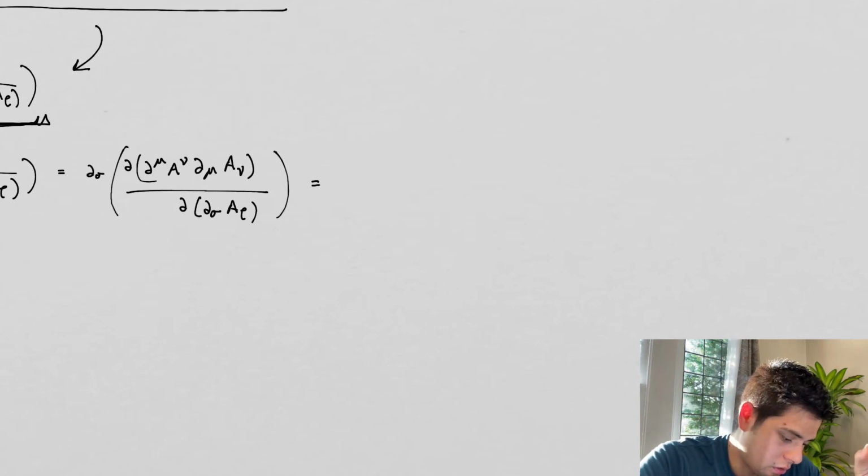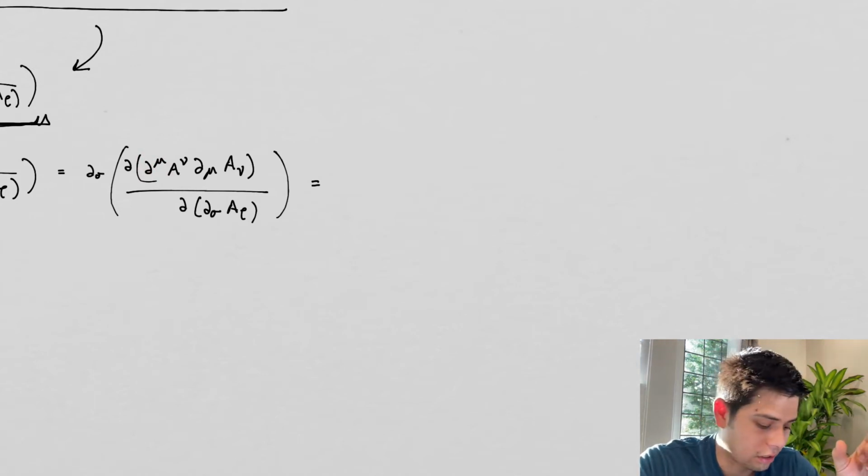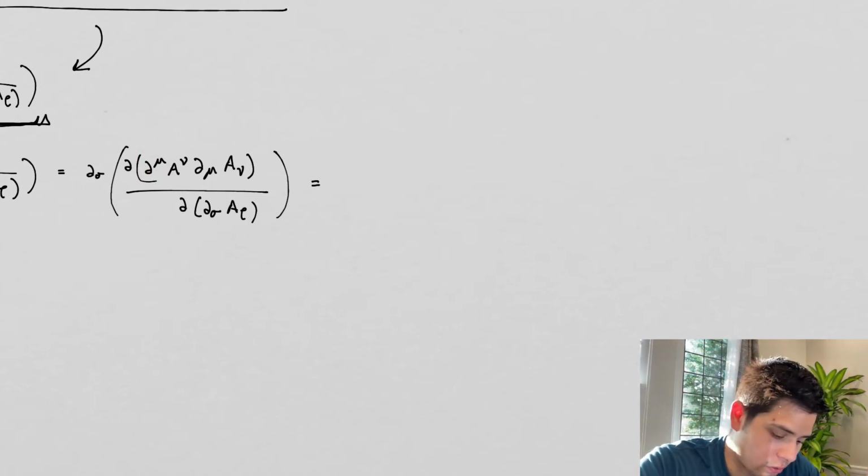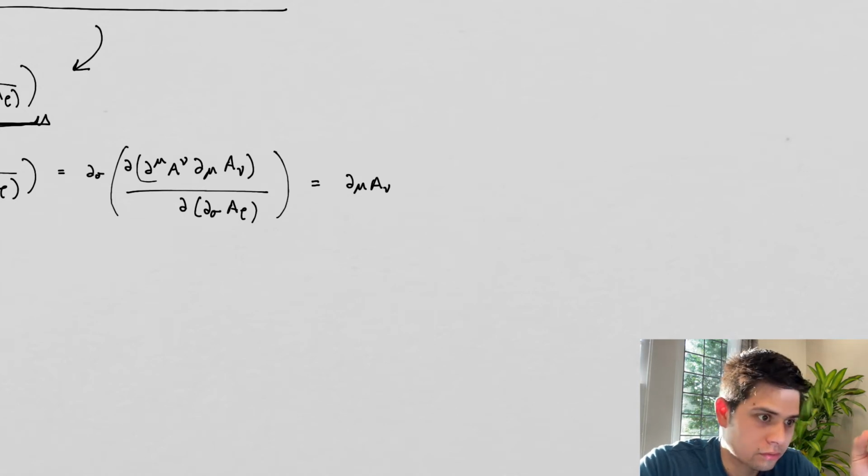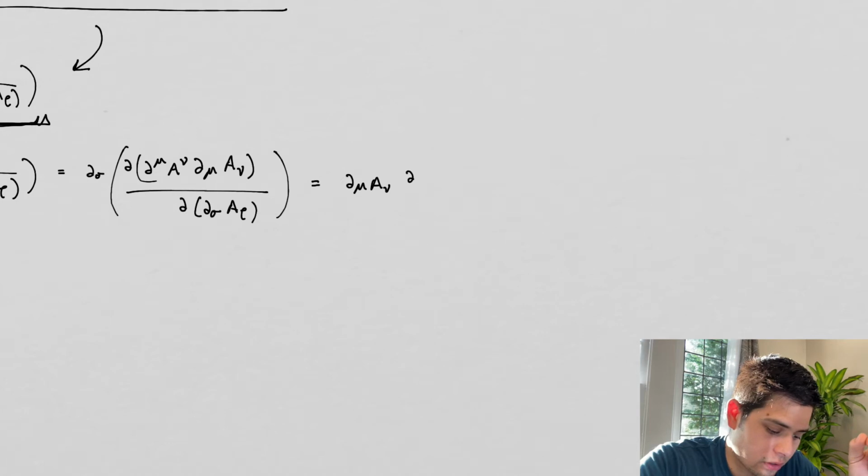This right here, we're just really going to do product rule. So d mu A nu. We're going to take the derivative of the other one.